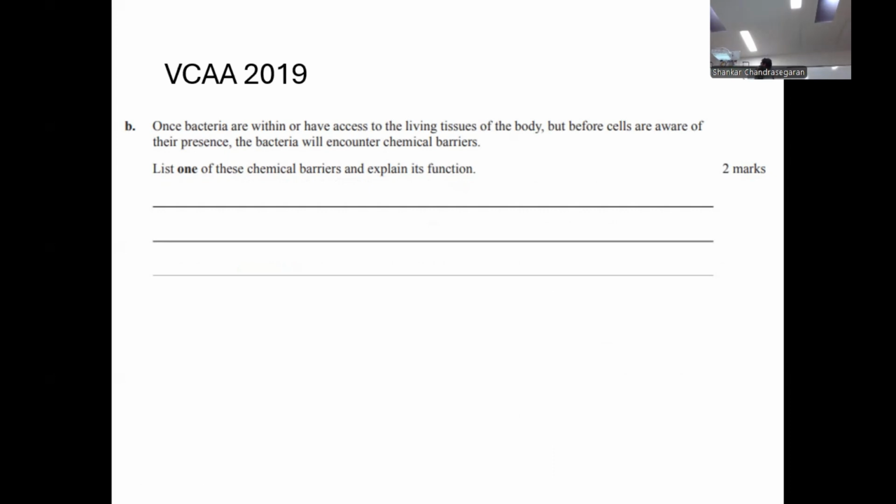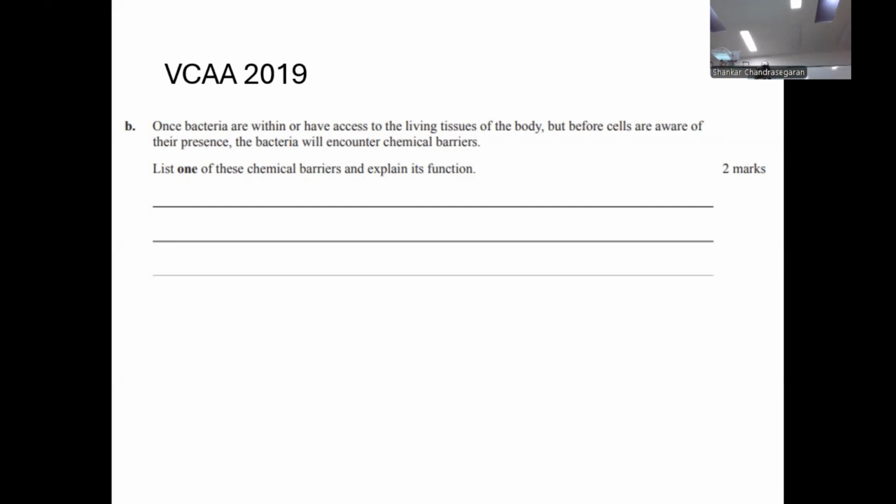Once the bacteria are within or have access to the living tissues of your body, but before cells are aware of their presence, bacteria will encounter chemical barriers, right? As part of the first line of defense, there are three barriers that a microorganism must get past. One is the physical barrier that actually stops them from getting inside.